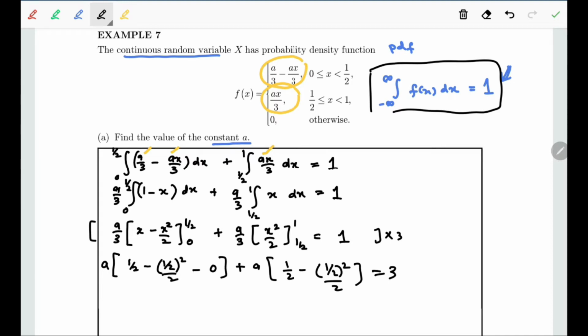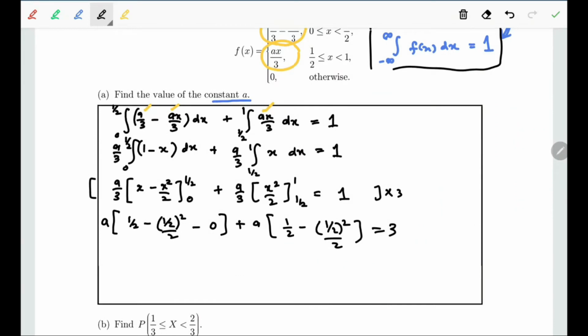The rest is just simplifying, and you should simplify everything that we have right now. So at the end, you will get a equal to 4 as the final answer.